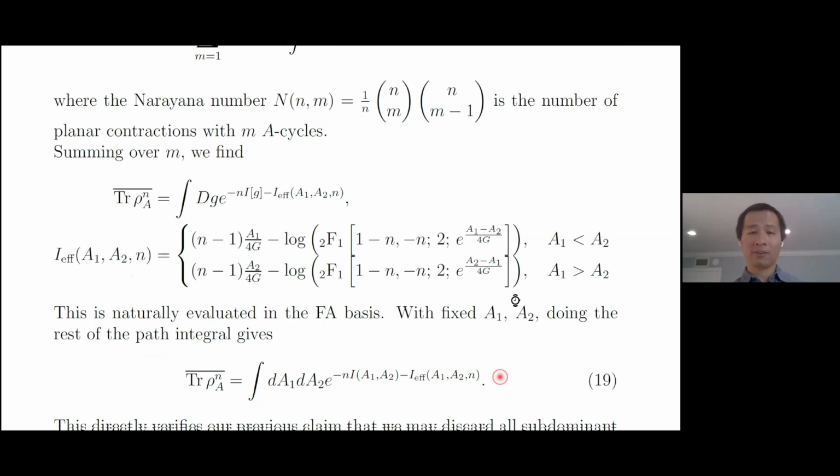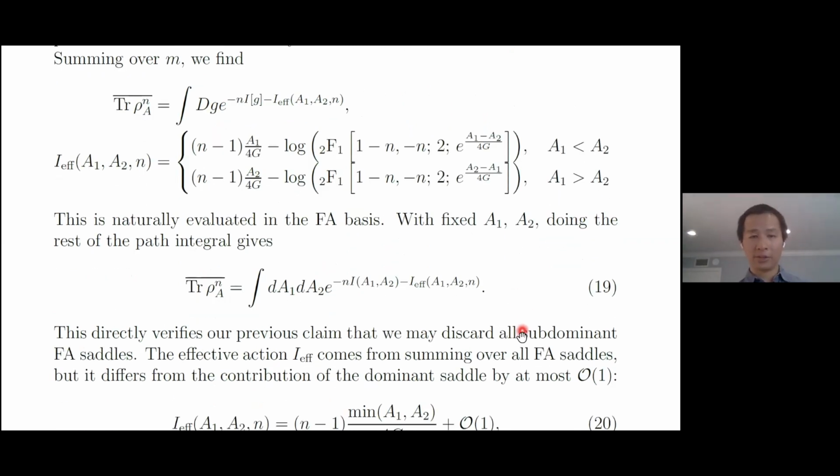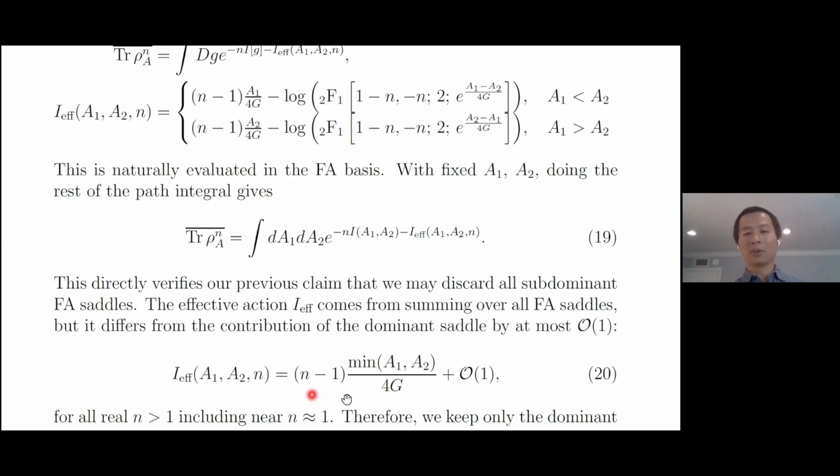And then we perform the final integrals over A1, A2. This is something that now can directly verify our previous claim that we can discard the subdominant fixed area saddles, because we can see it. The effective action comes from summing over all the fixed area saddles, but it only differs from the contribution of the dominant saddle by an order 1 number.